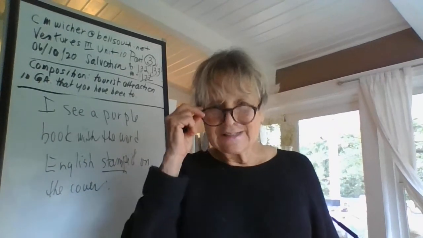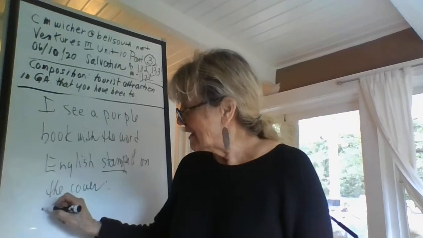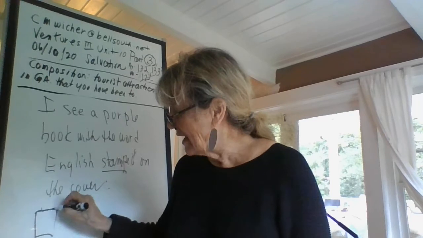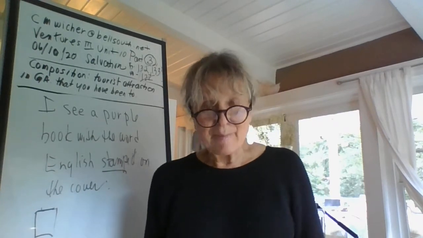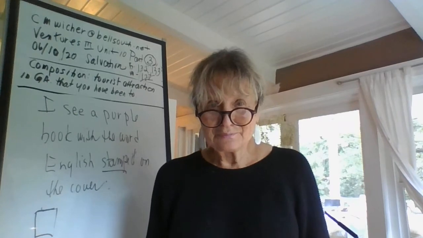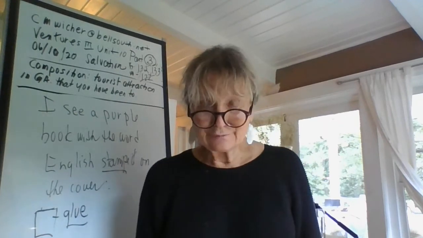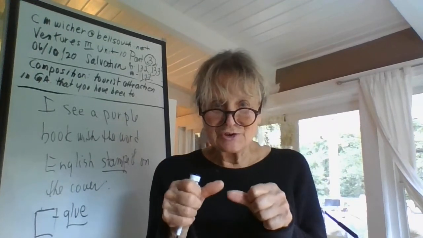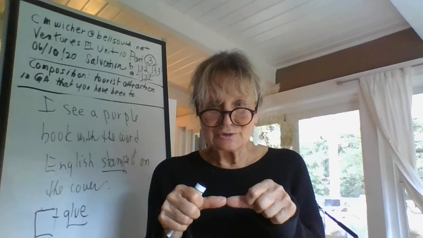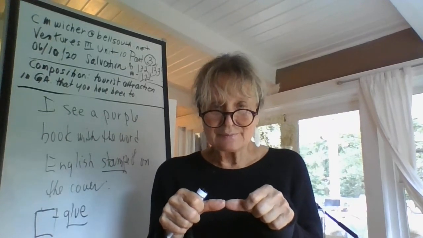So what is a stamp? Right, a stamp is a little piece of paper, usually has a picture on it. And what's on the back of a stamp? Glue. So when you lick it, you activate the glue, and then what are you going to do? What word are you going to use? What verb are you going to use as to what you do with the stamp?